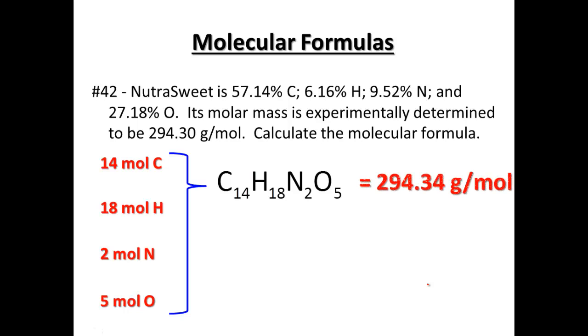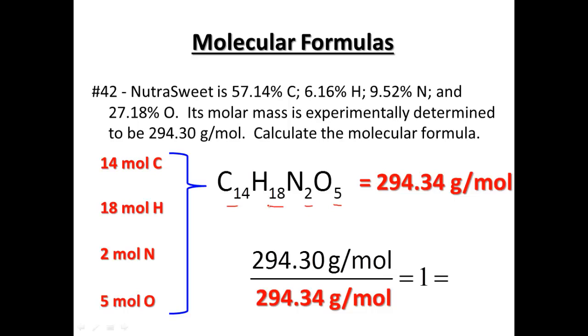Now we've got to go one step further. If you were to calculate molecular mass out for each of these, our molecular mass total is 294.34. Now notice our experimental data given from earlier showed it to be 294.31. So when we divide these two numbers together, we get an answer of 1.